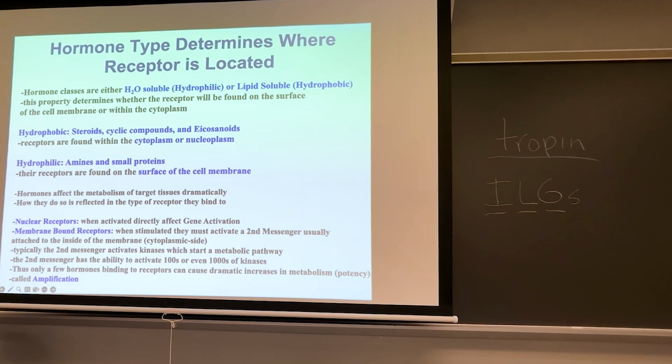Their receptor can be found in the nucleus, as a matter of fact, because things like steroids can pass right through all the cell membranes and find their receptors. And often a hydrophobic hormone will turn on gene expression directly. What that means is it'll go into the nucleus, go to a gene, and cause transcription of that gene.